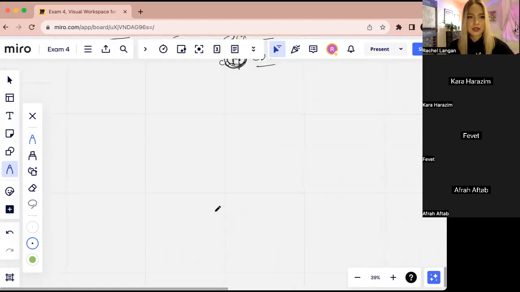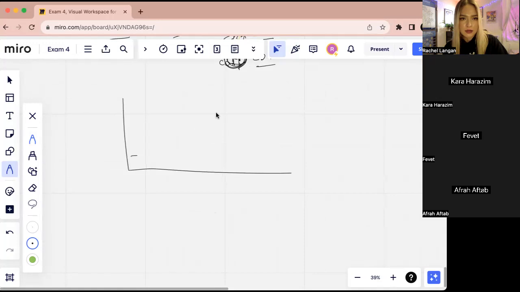So let's go through what an experiment would look like that you might see. You might be given a graph like this. It says CO mRNA.